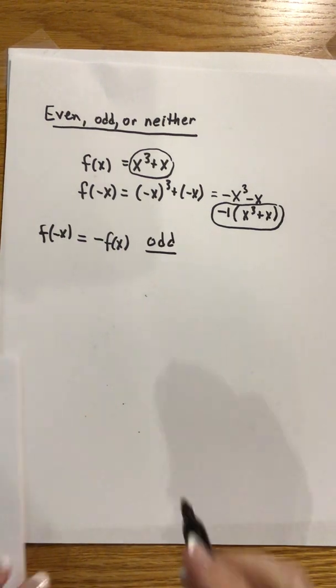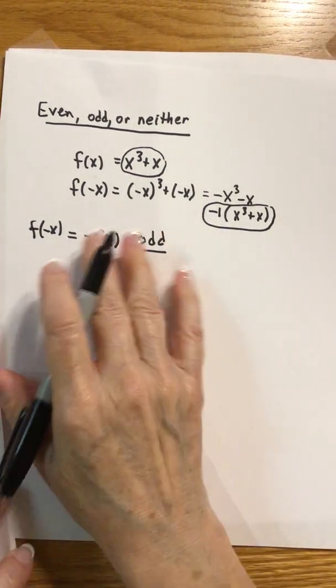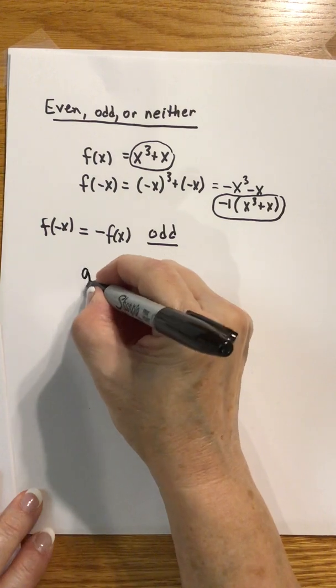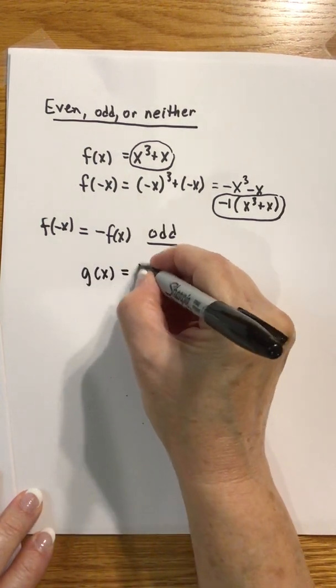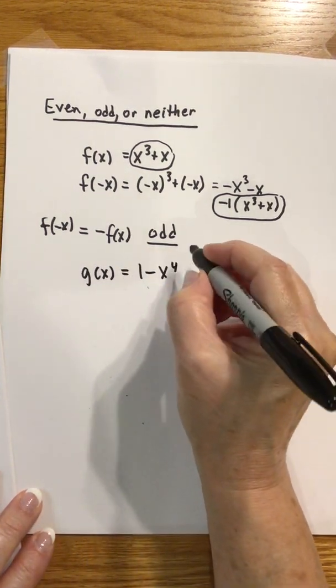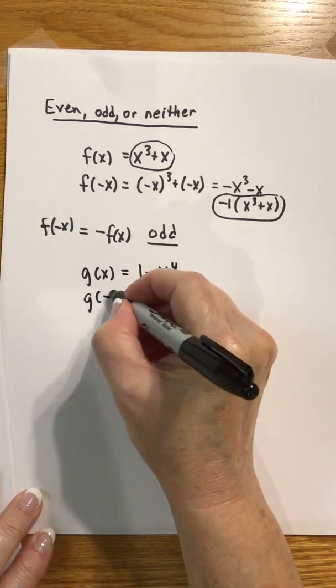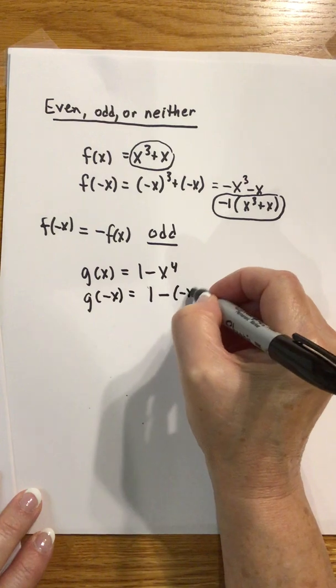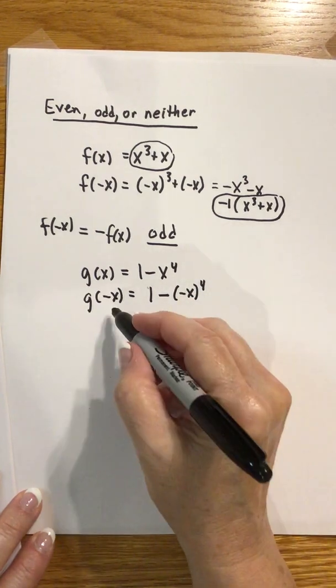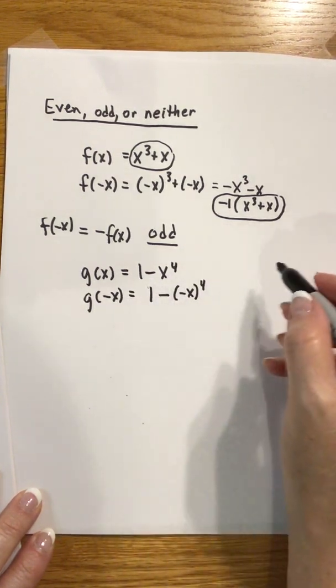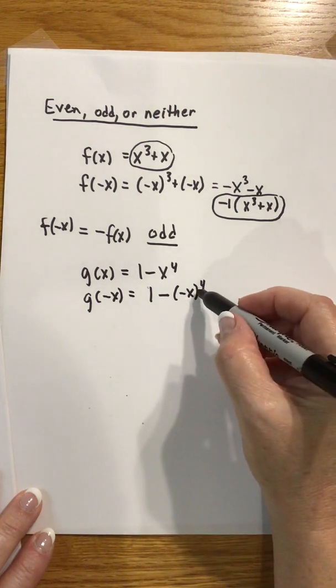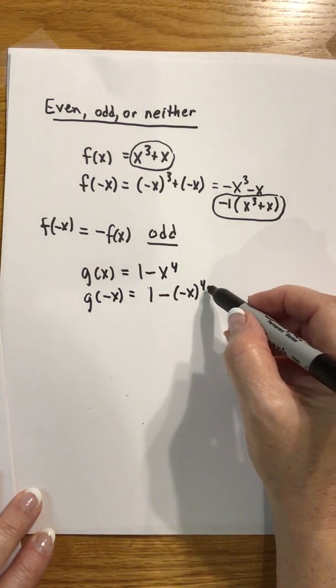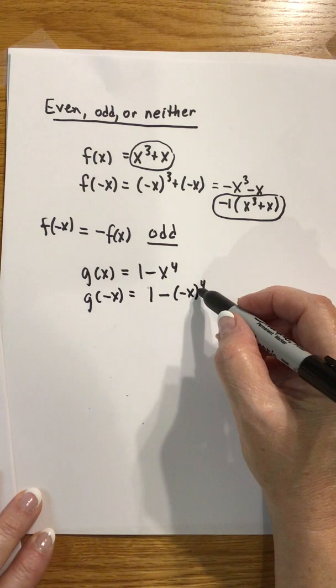All right, so we're going to try another one. We're going to try g of x. So we want to find g of negative x first. It's got 1 minus negative x to the fourth, because we plugged in negative x. Negative times negative times negative times negative, an even number of negative signs, is going to make that positive, right?